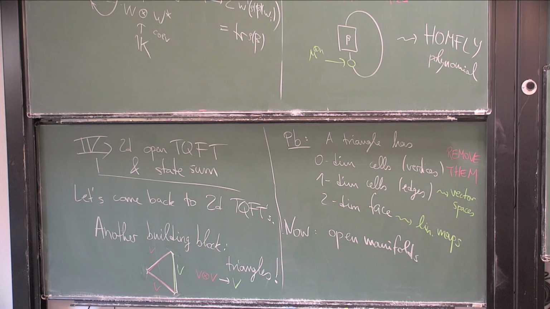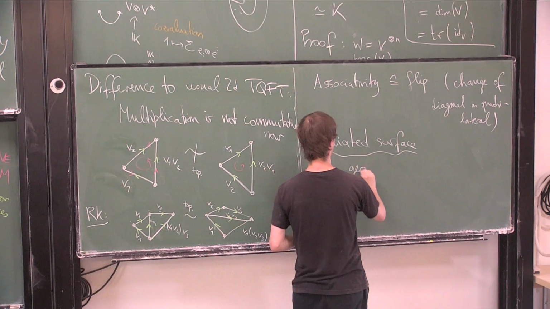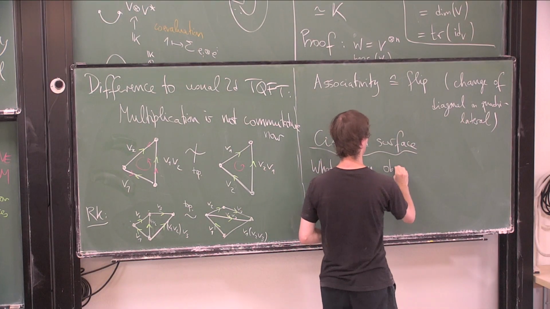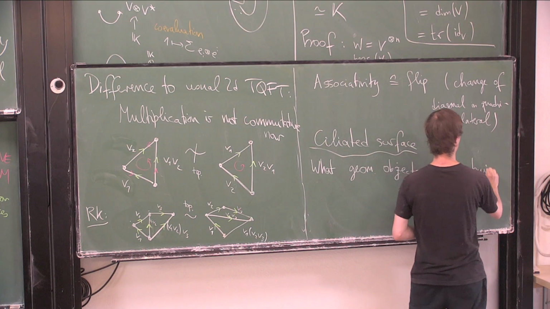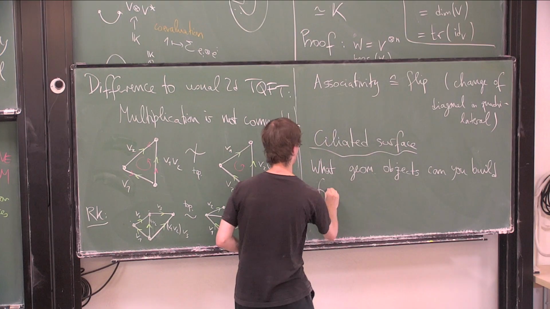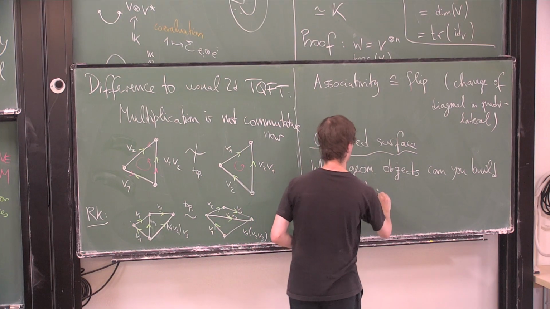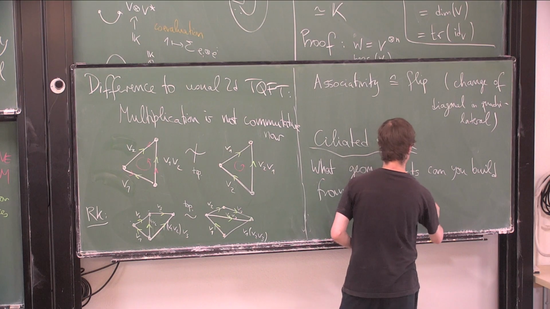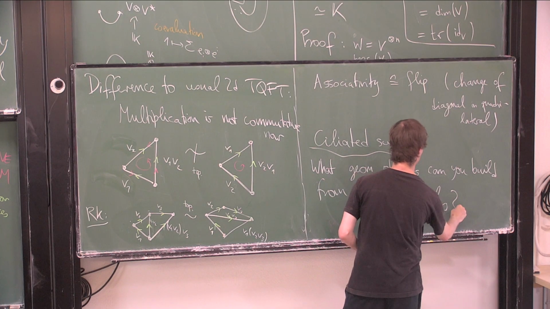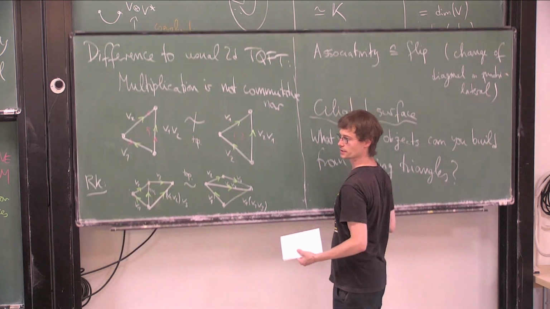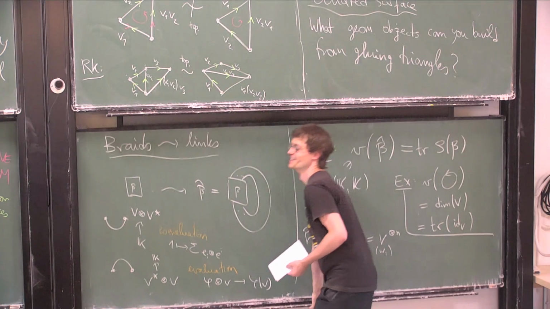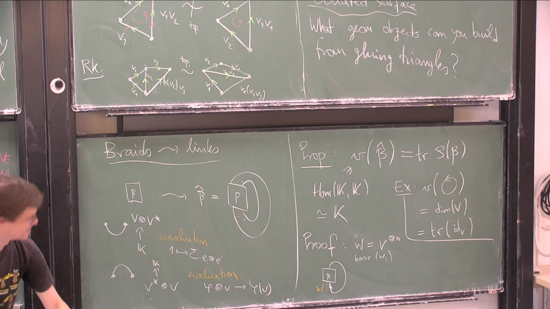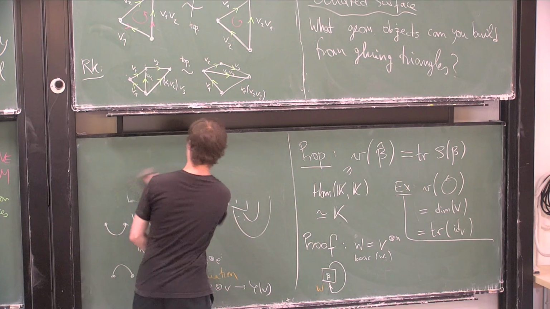So the question we could ask is, what geometric objects can you build from gluing triangles? Seems such an easy question. It was one of the hardest questions when I prepared this lecture to figure out all these degenerate cases.